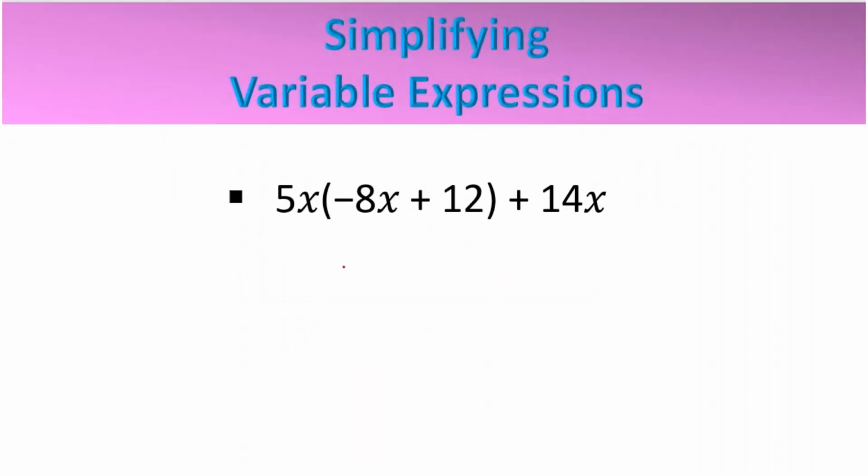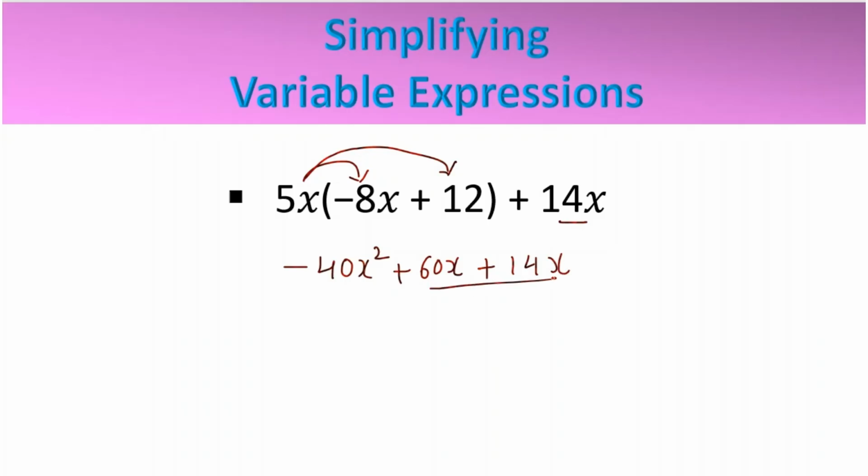Let us simplify one more expression. 5x of (negative 8x plus 12) plus 14x. Let us multiply 5x with negative 8x, which gives negative 40x to the power 2. 5x times 12 gives 60x, plus 14x comes as it is.